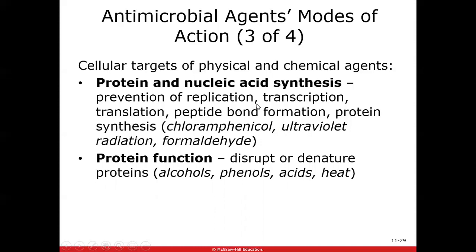The antimicrobial could actually keep the microorganism from being able to repair itself. That's how it acts. And then you can have modification in how the protein functions for the microorganism, so it disrupts or denatures proteins.